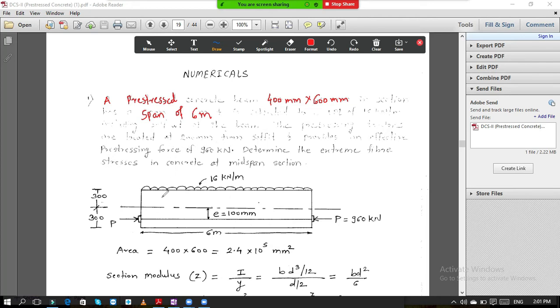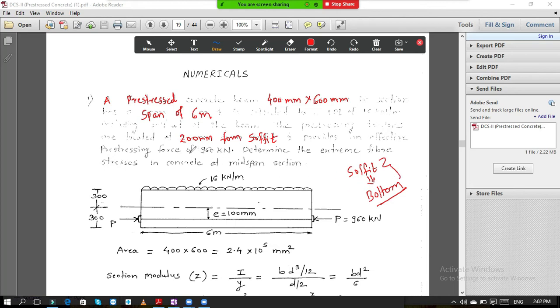So the stressing force is provided at 200 mm from the soffit of the beam. Soffit means bottom. Remember this word, soffit. The meaning of soffit is bottom.